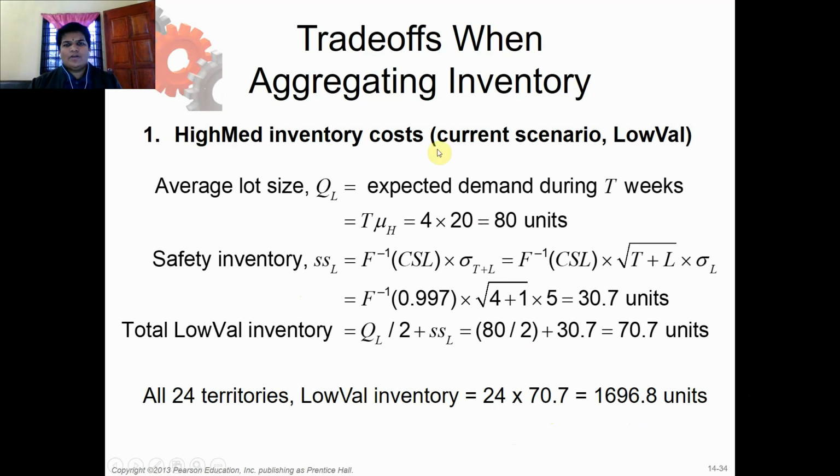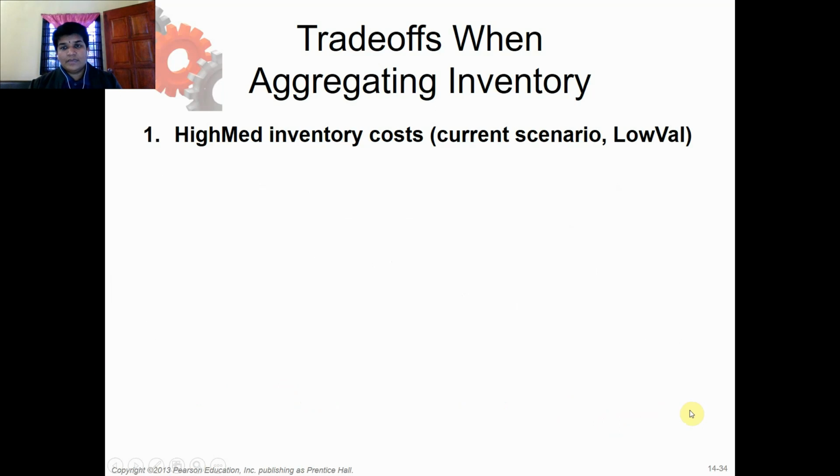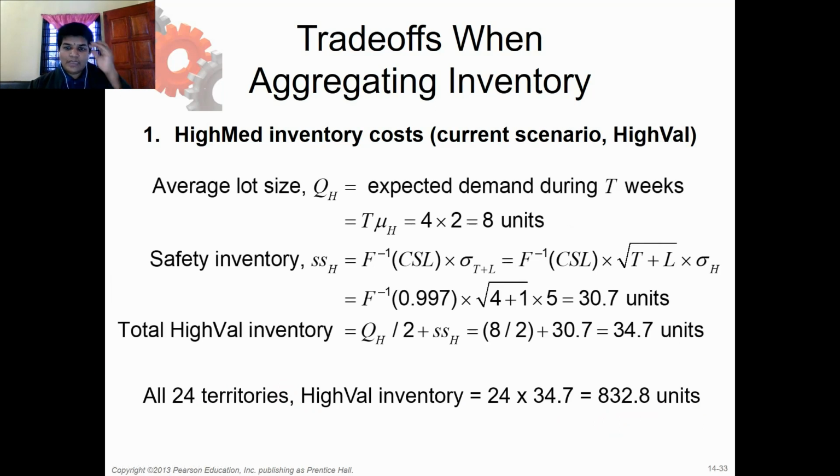So the inventory cost, current scenario, for the 24 territories, the inventory is 1696.8 units. Whereas here, when you look, it's only 832.8 units.